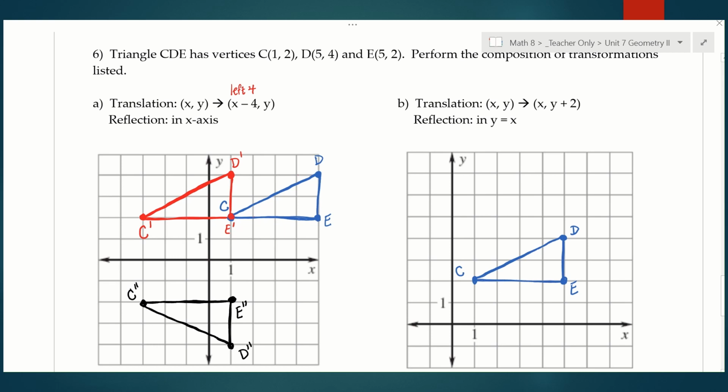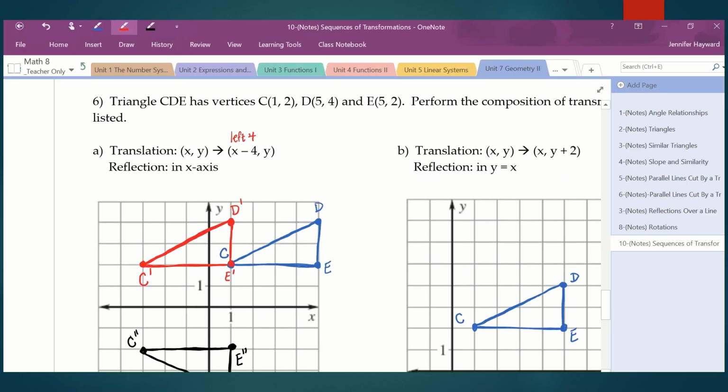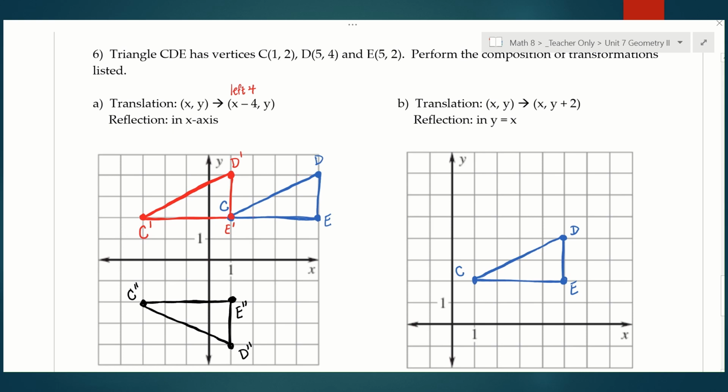Okay, so our first transformation is a translation, and this is telling me to keep x the same because we're not adding or subtracting, so we're not going left or right any, but we're going to be going up 2.